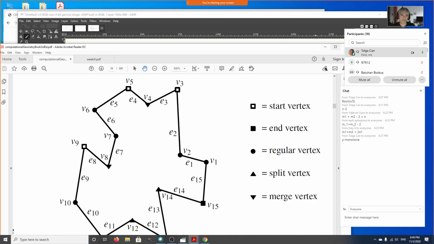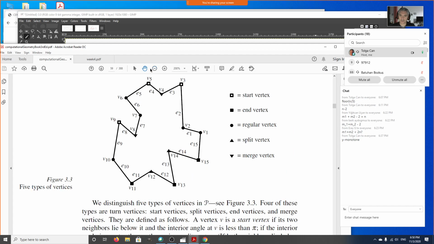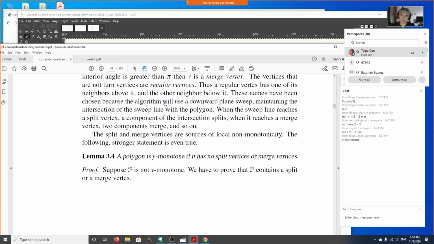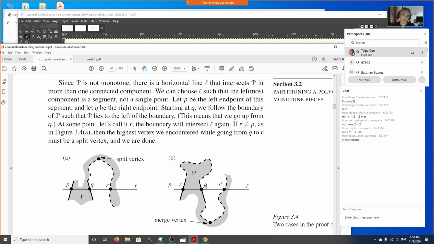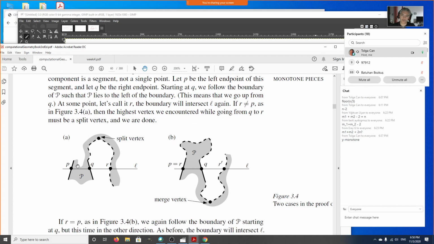And here is the proof in the book about this. I'm just going to show you the figure. So this is the proof that shows that if there is a polygon which is not y-monotone, there has to be either a split vertex or a merge vertex. Okay, so it shows like this.